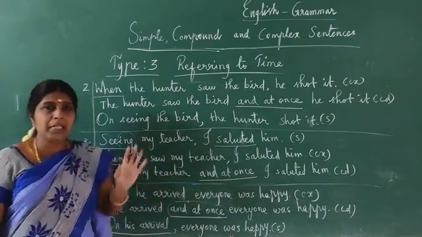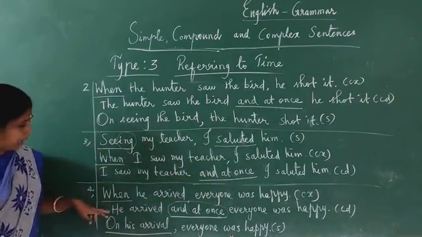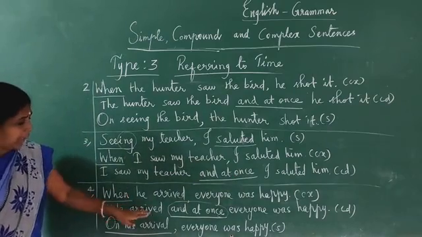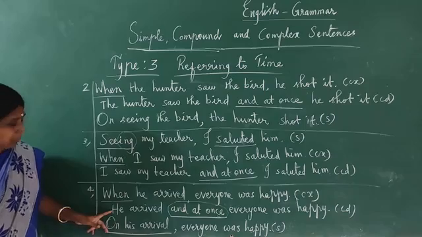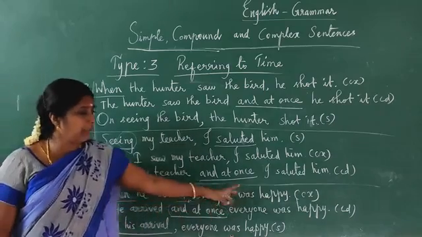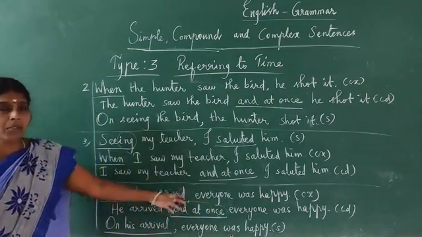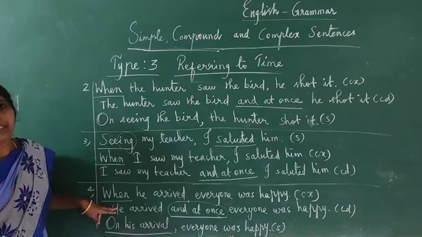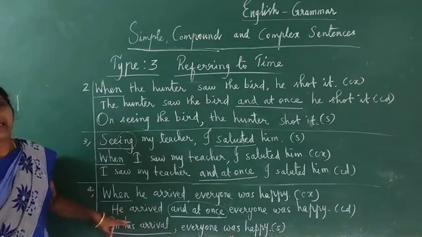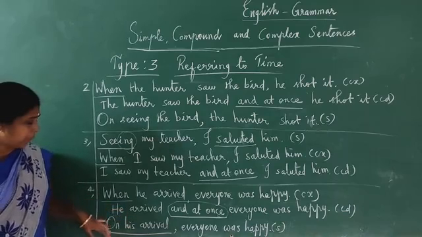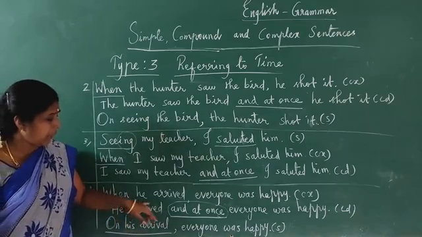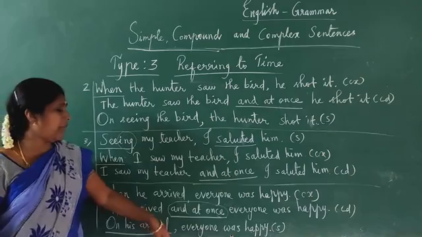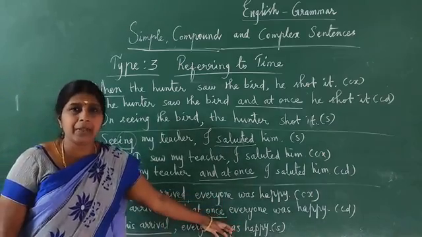That is complex. When changing into compound, remove this word. He arrived, the first letter beginning with a capital. He arrived and at once everyone was happy. That is compound. Simple sentence: "on", then write down the possessive here. "He" means "his"; "she", "her"; "I", "my", like that. On his arrival, everyone was happy.